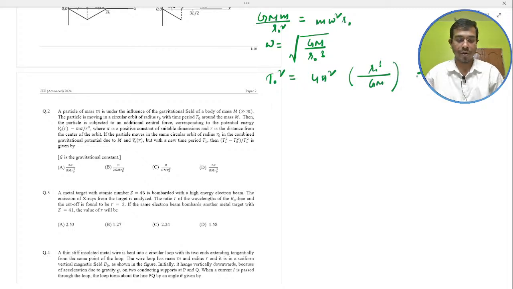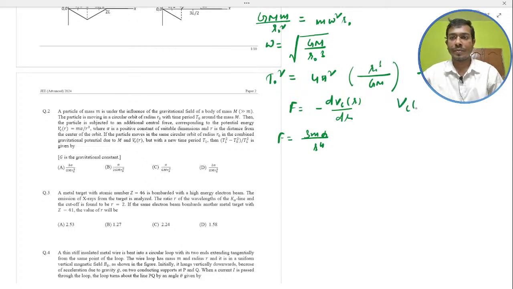This is equation number 1. So the force F is what? Minus dV/dr. So F is 3mα/r⁴, because V(r) is mα/r³, differentiated.